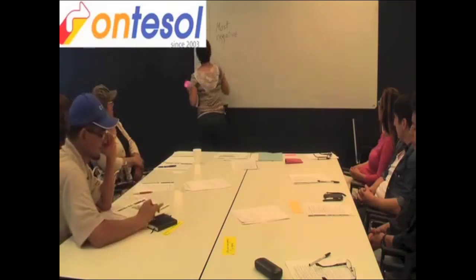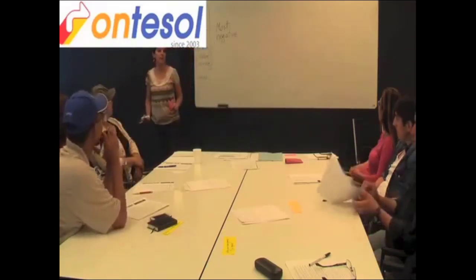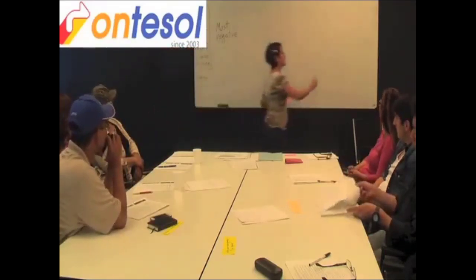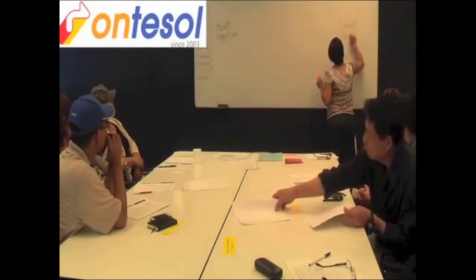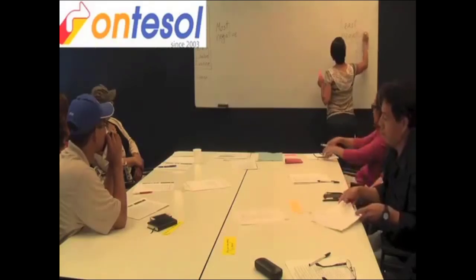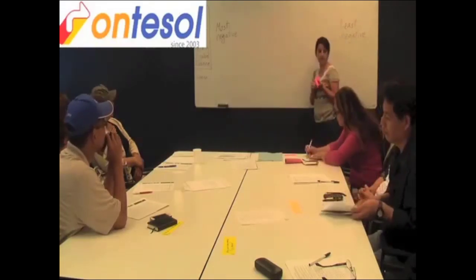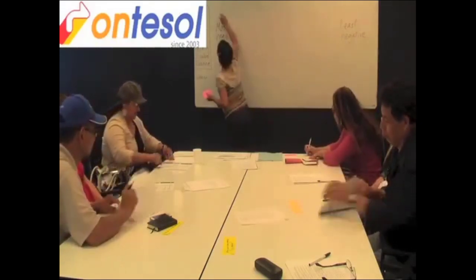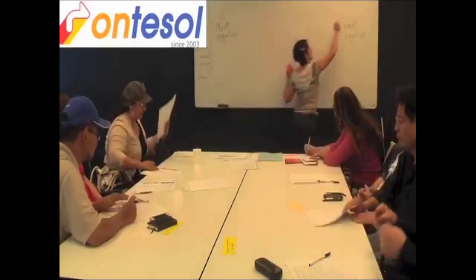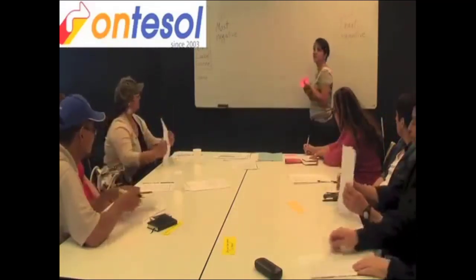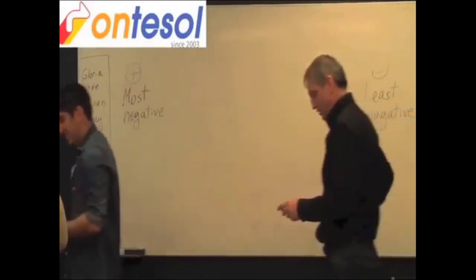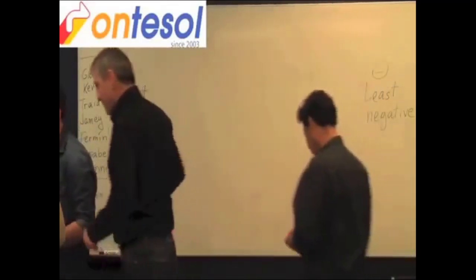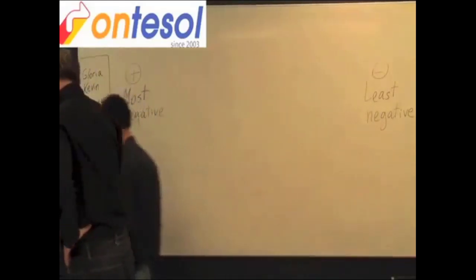So on this side, the most negative expression to the least negative expression. Okay? So the most negative to the least negative. Annoyed is very upset. Drives me up the wall.